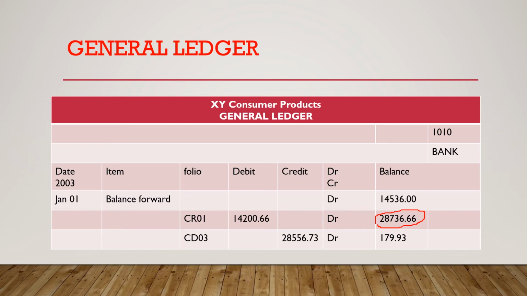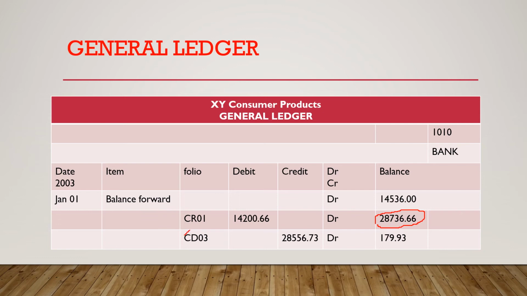Again, within that same accounting period, the company also decided to pay the creditors, pay the suppliers, pay their bills, anything that was taking money out. In that you had this journal called CD03.